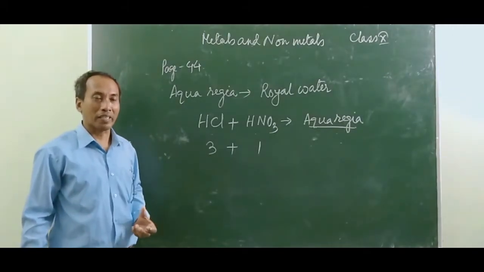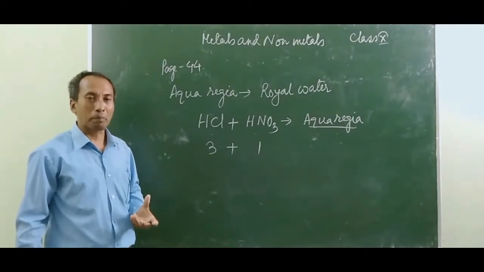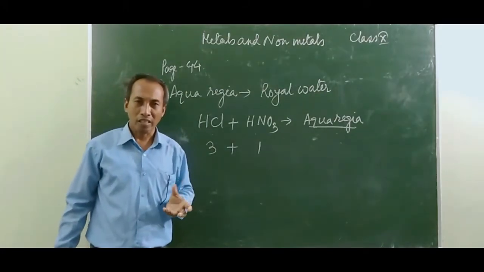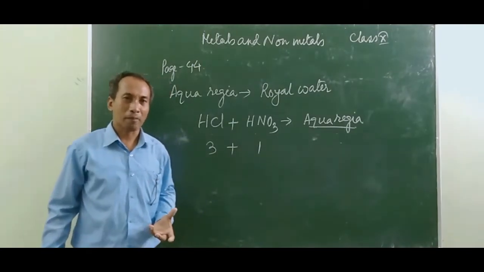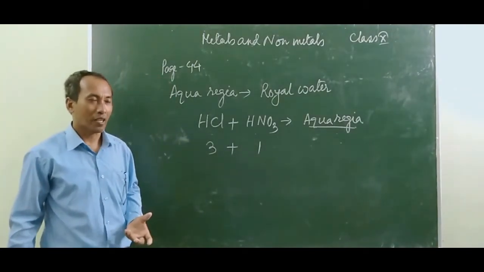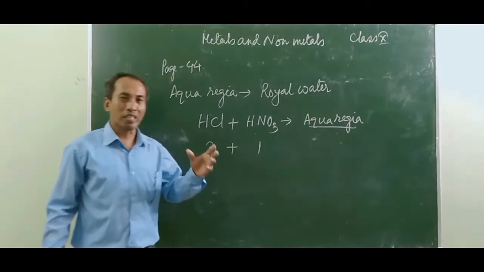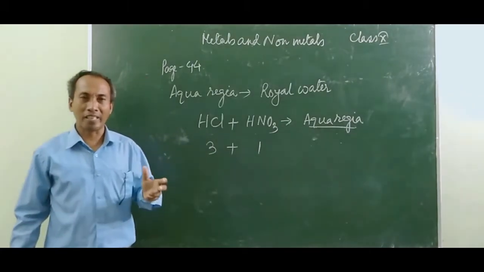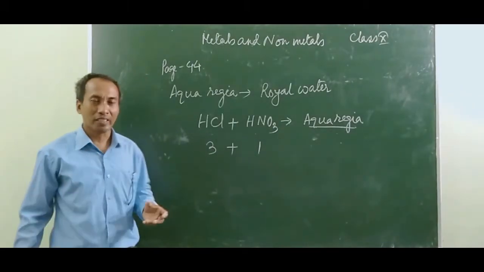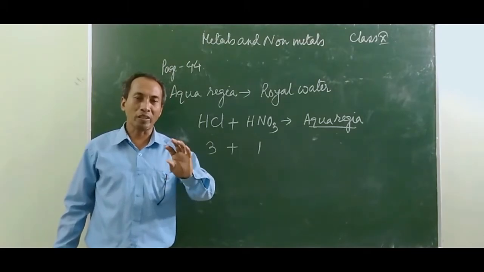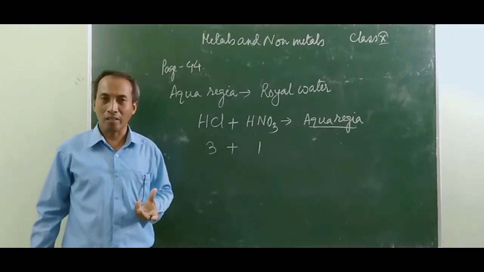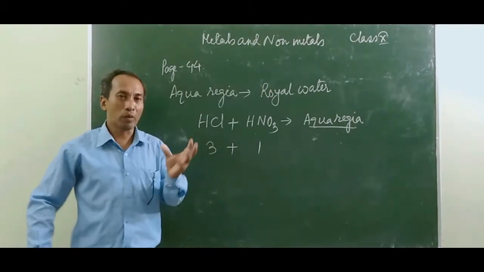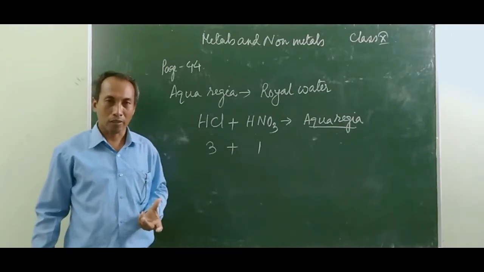So a question may come like this: a person pretending to be a goldsmith. This is a very common sense question. In day-to-day life also, your mother may face such a problem in your absence. A person may come pretending to be a goldsmith and say that the old gold which has lost its color or sparkle, he will help to make it sparkle.